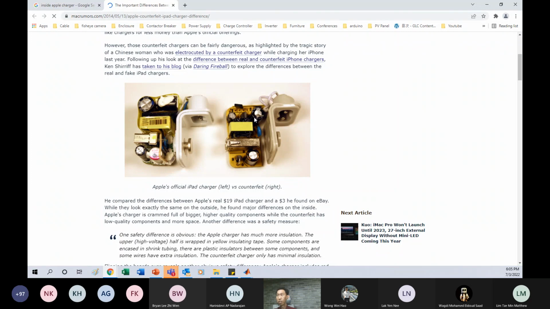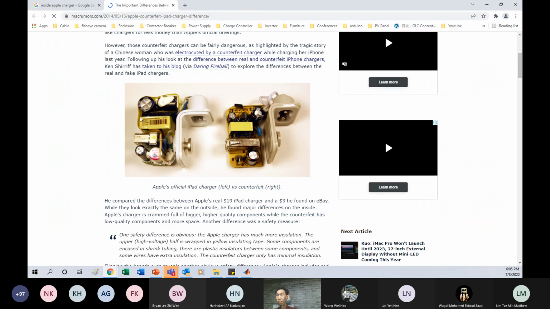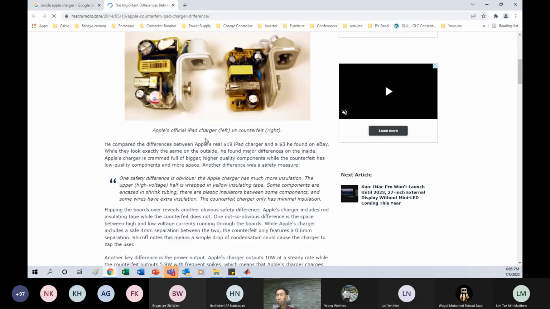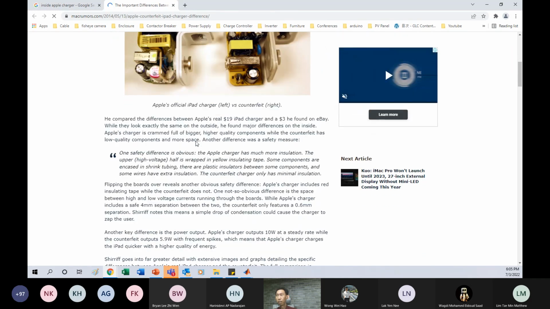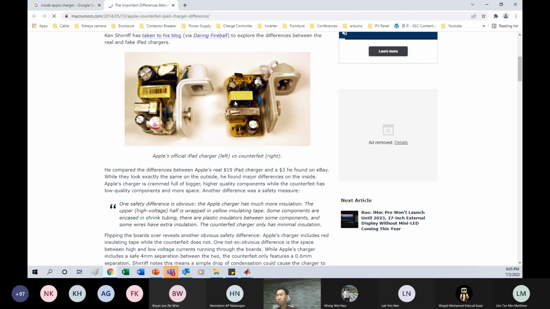The counterfeit uses a smaller one, and this is the Flyback transformer. The size, and this is the real one. The left one is original, the counterfeit is the right one. But be it left or right, the operating principle is the same, but the component quality will be different. Of course, it will affect the performance as well.